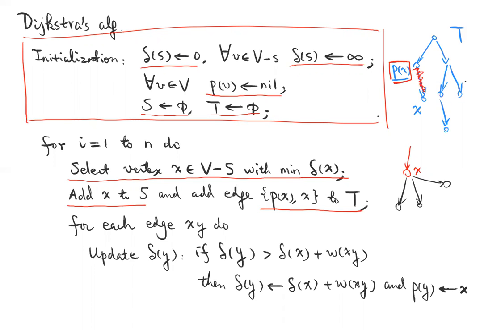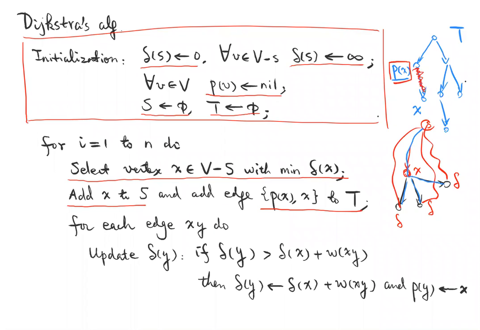Initially, each of these vertices has a distance upper bound, which is the length of some path from S. But now, because of the addition of X, there's an alternative way to reach these vertices: we can go through X and then reach them. So the distance may be shortened.